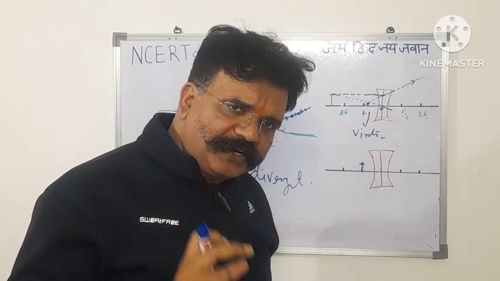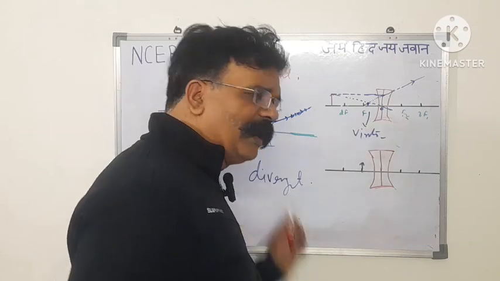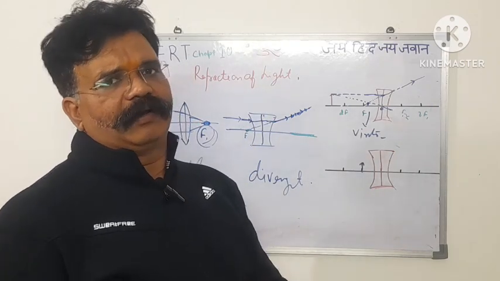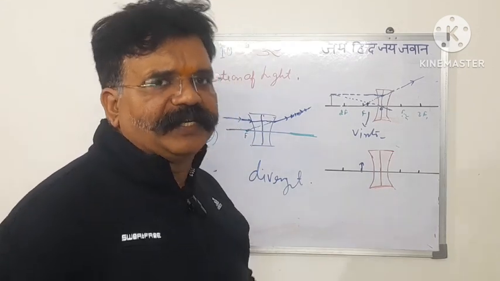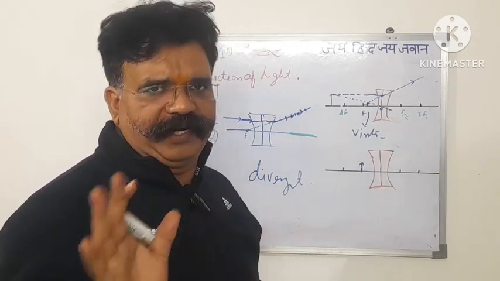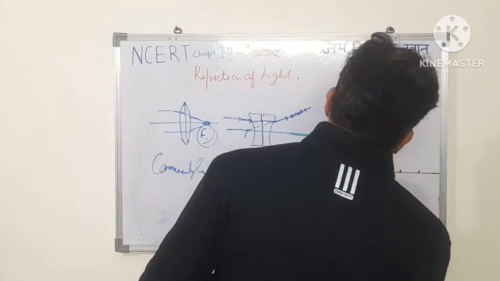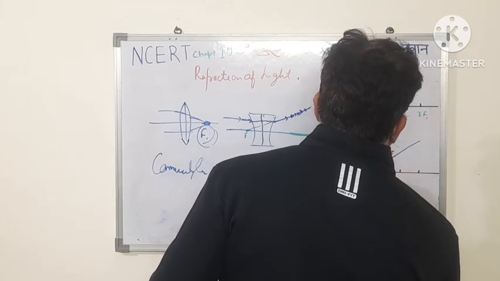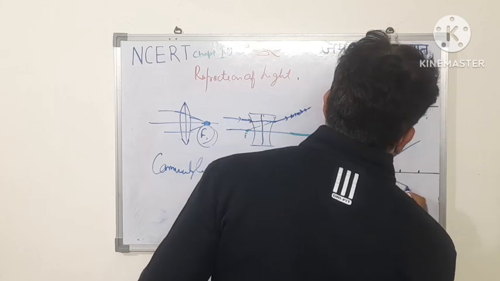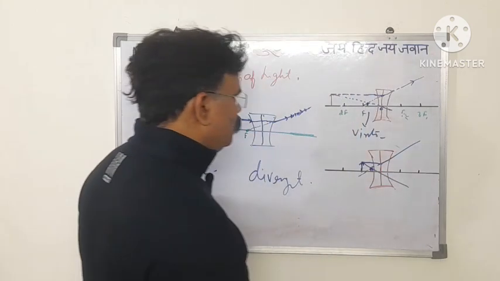The image will be imaginary, because the two rays will never cross each other. The image will be imaginary, the size will be small and straight. In all positions, the same formula will be utilized. This will pass through the focus. This will pass through. Again, a small image will be here.